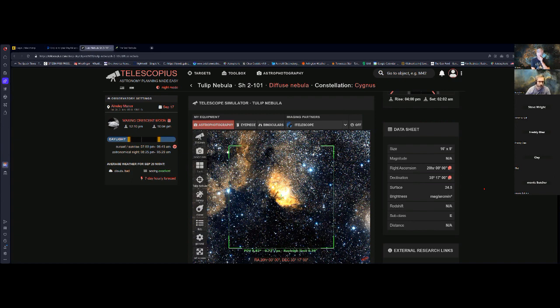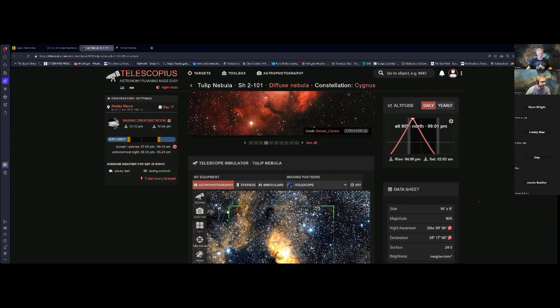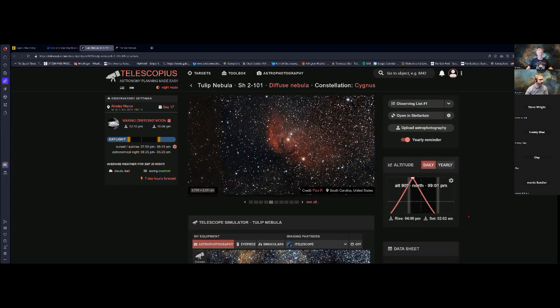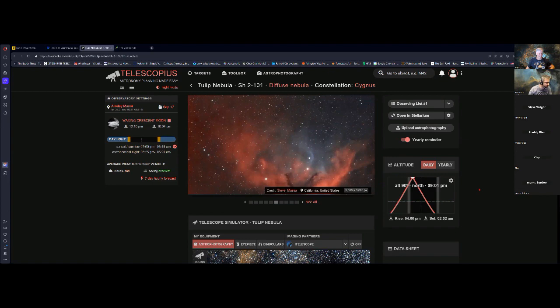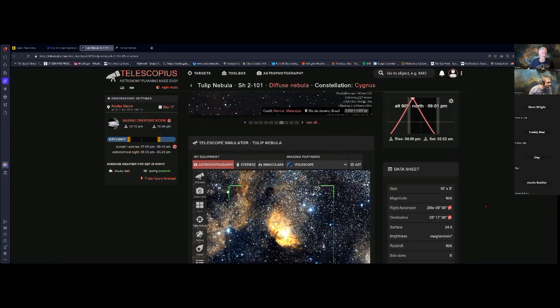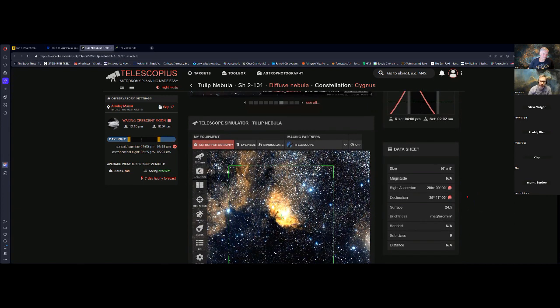What constellation is Tulip in? Heck if I know. Tulip Nebula. Cygnus. Okay, it's up there with the Veil, so it wouldn't matter. Yeah, it's ahead of it in time.